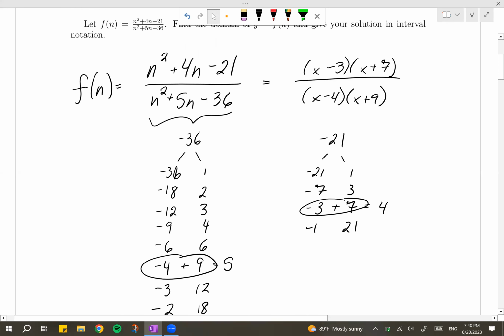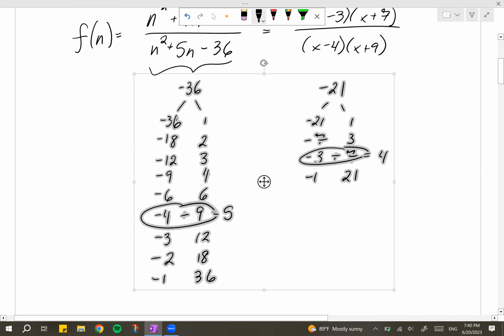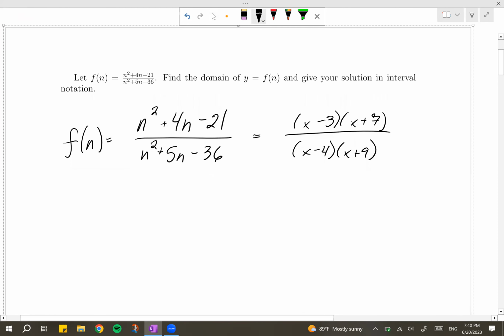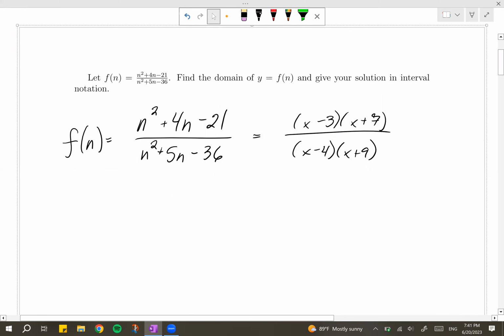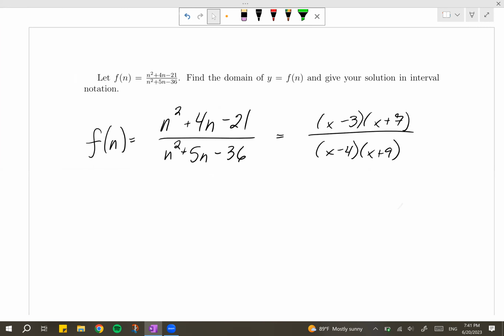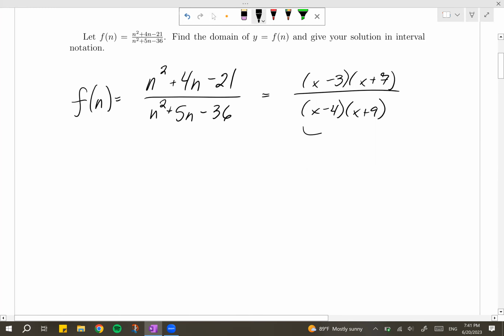All right. So now that I've done all this, I can see that nothing cancels. I don't have anything that I can cancel in my new fraction. But now that I've got it in this form, I know that my denominator cannot be equal to 0.